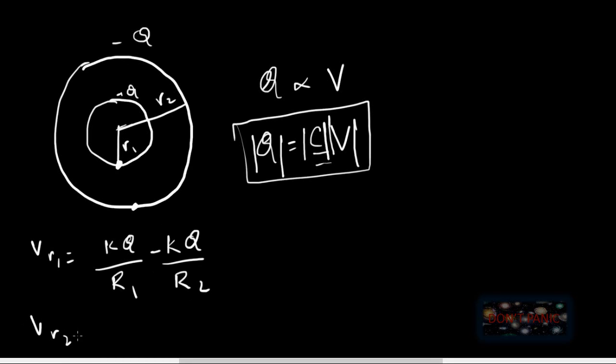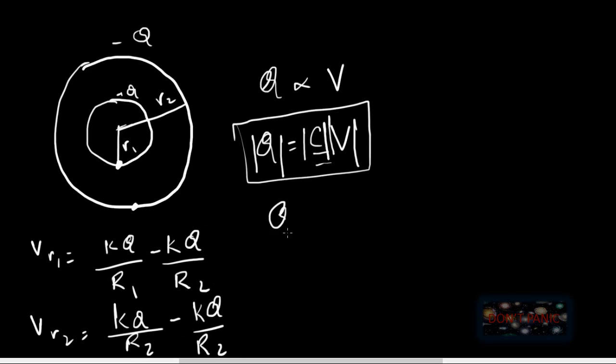And at R2, the contribution of the inner sphere is going to be KQ over little r, which, since you're at the surface of the outer sphere, little r becomes capital R, and the contribution of the outer sphere is KQ over R2. So this becomes 0. So the potential difference is KQ over R1 minus KQ over R2, absolute value.